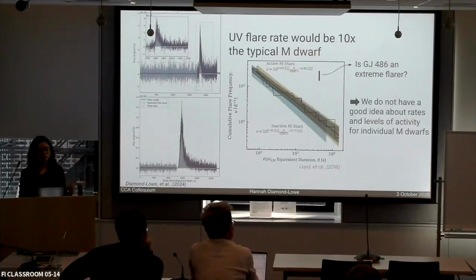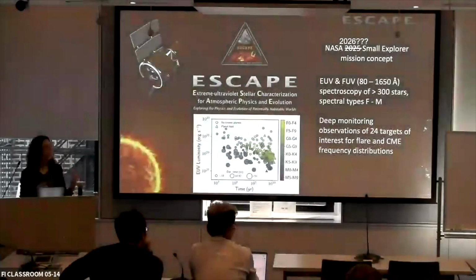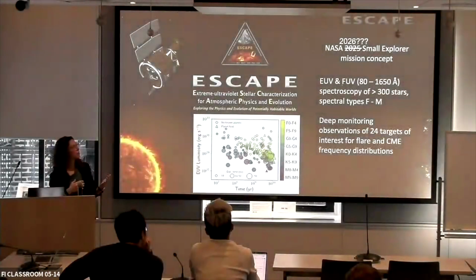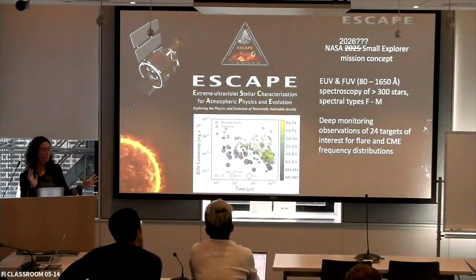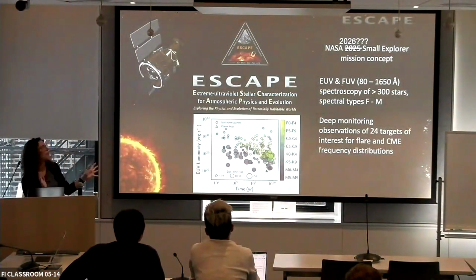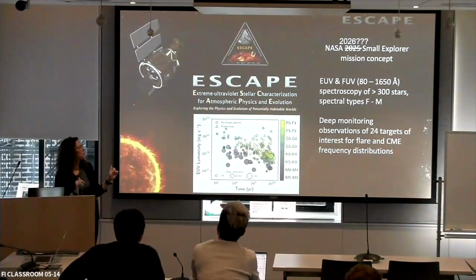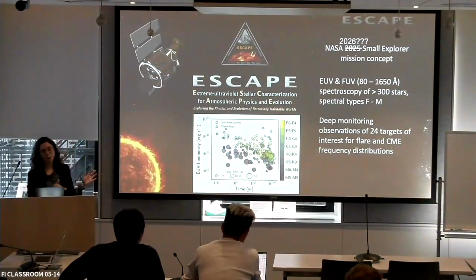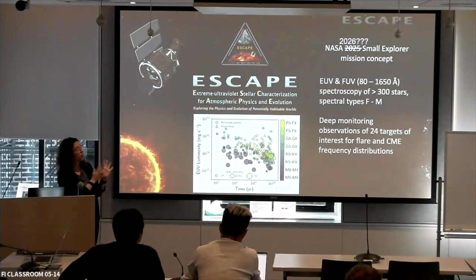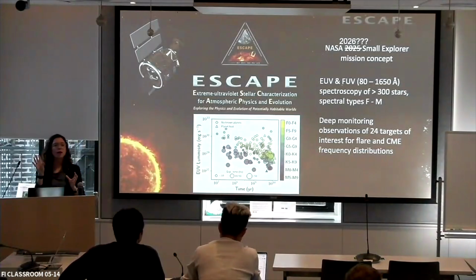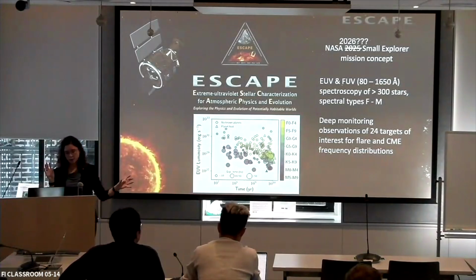So what's the solution here? This was a much more fun thing to plug before this mission call got canceled and will maybe happen next year. But I'm going to keep promoting it anyway, because one day maybe we'll have this. It is a proposal for a small explorer mission called ESCAPE. The idea here is to get extreme UV and far UV spectroscopy of more than 300 stars, ranging from F stars down to M stars.